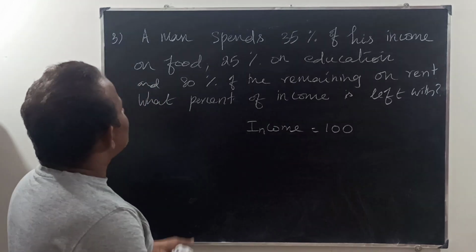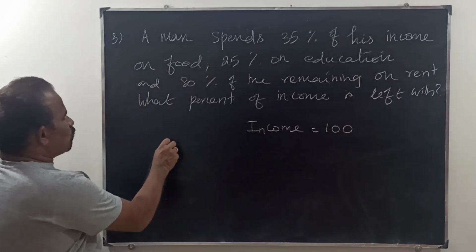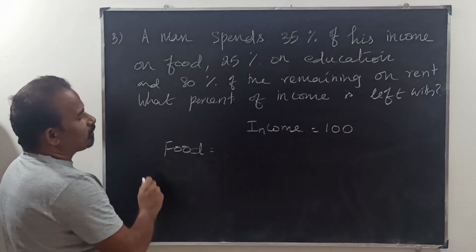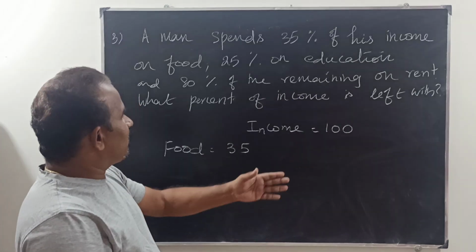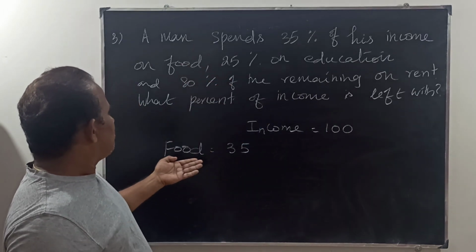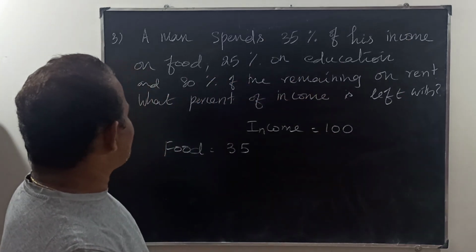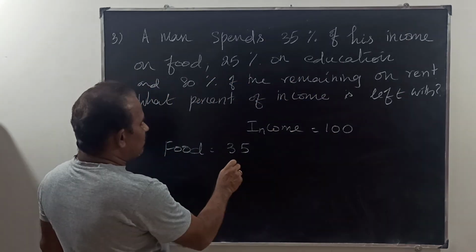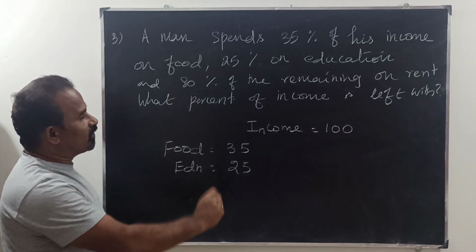The man spends 35% on food, so out of 100, 35 rupees he is spending for food. 25% on education: out of 100, 25 rupees is for education.